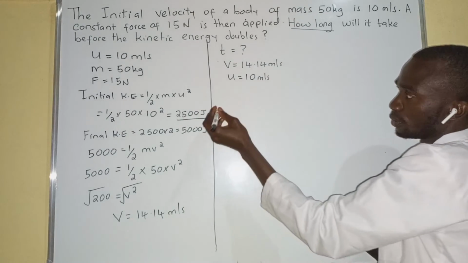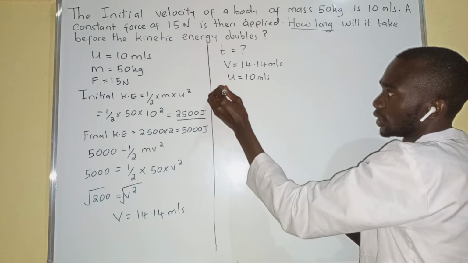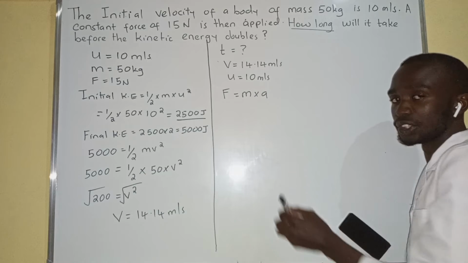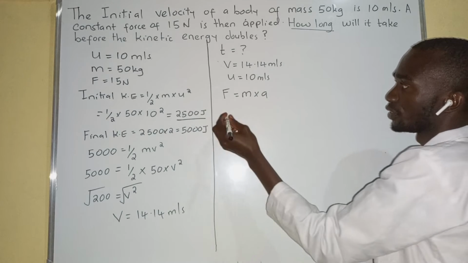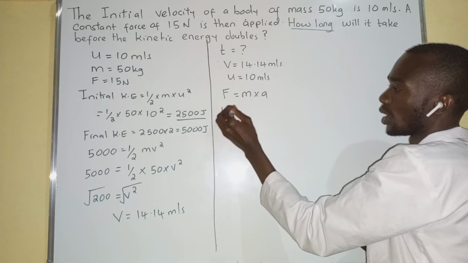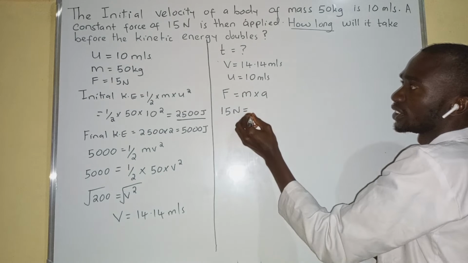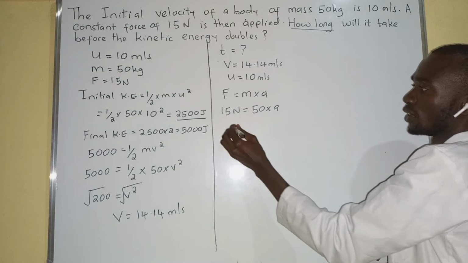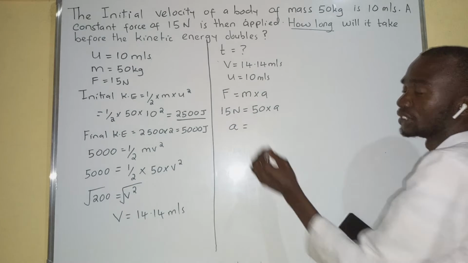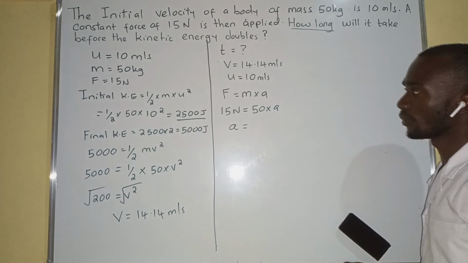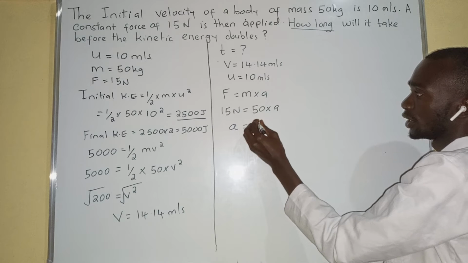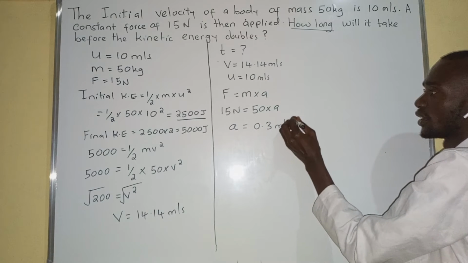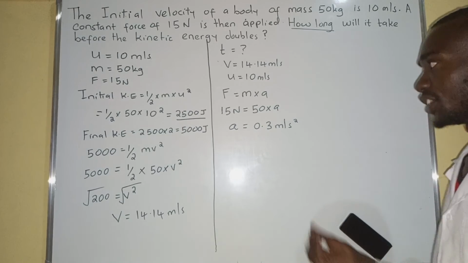From Newton's second law of motion, force is the product of mass times the acceleration of the body. Now the force is 15, which is equal to the mass 50 multiplied by the acceleration. So the value of acceleration is equal to 15 divided by 50, you get 0.3 meters per second squared. Now that is the acceleration of the body.